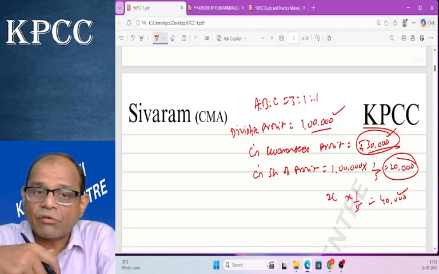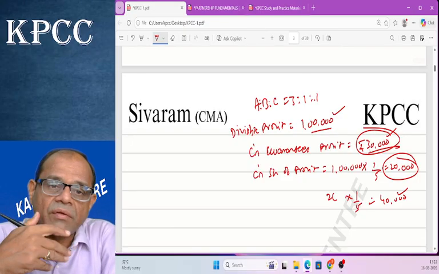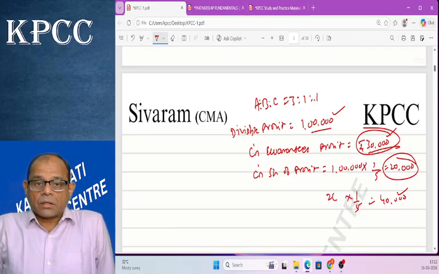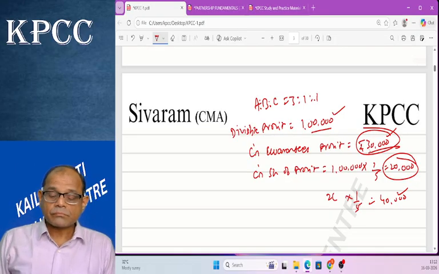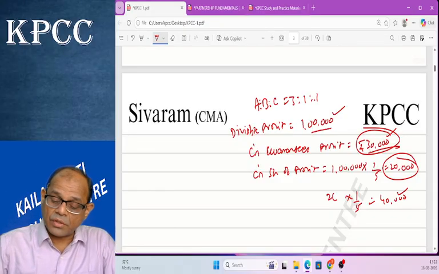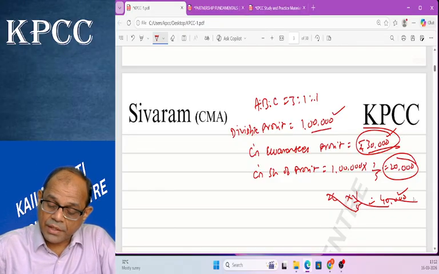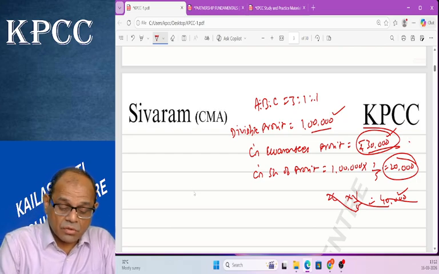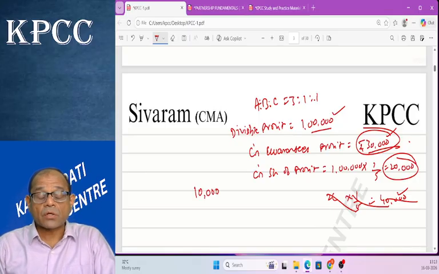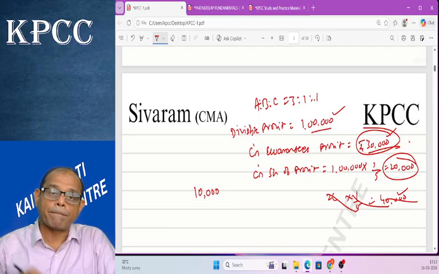If his calculated profit is more than the guaranteed profit, he will get the more amount. Otherwise he will get this amount only. So in that scenario, what will you do? Strike this out. Now he will get 30,000. So that excess 10,000 for C is called deficiency for the firm.